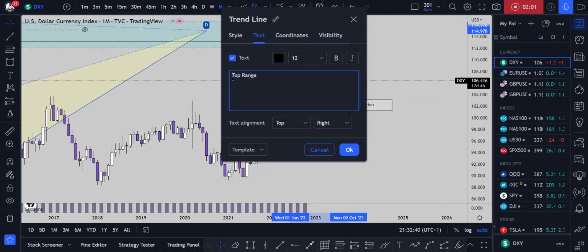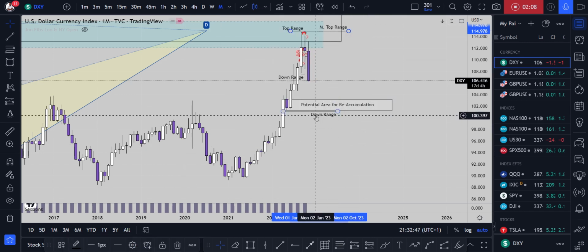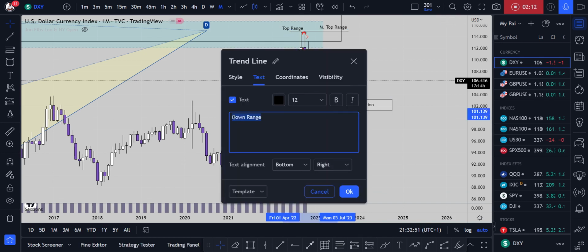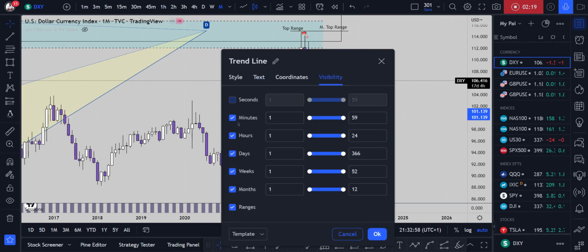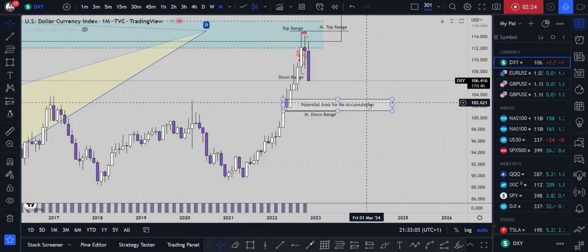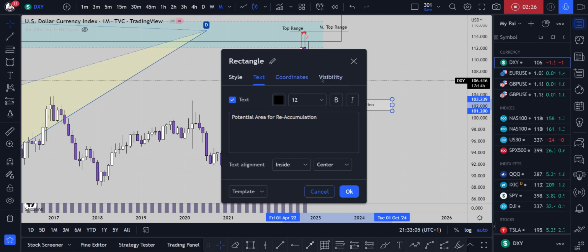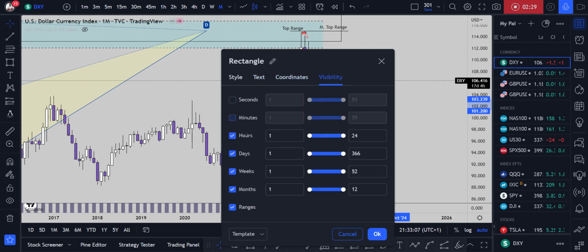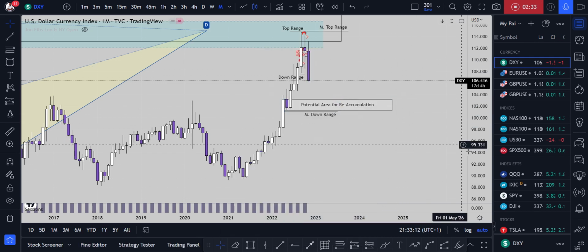I can label this monthly top range, and this monthly down range, with visibility just on the monthly, so that when we go down time frame we don't get distracted.